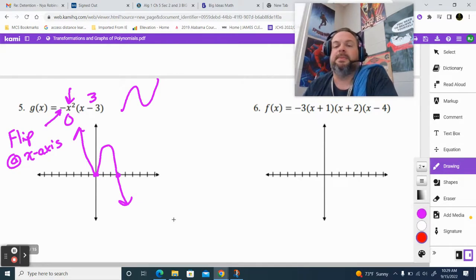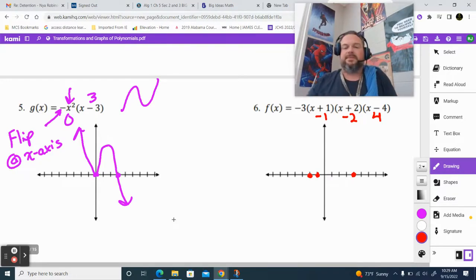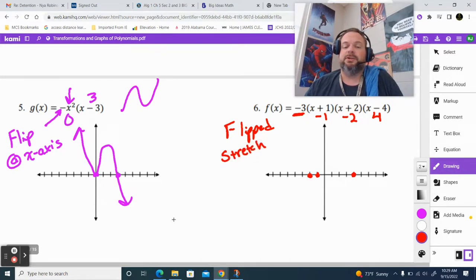Okay. Now, let's look at this one. Our roots are going to be -1, -2, and 4. Okay. So I can do this, 1, 2, 3, and 4. All right. So this, we have a -3 out front. So we have a negative, so we know it's going to be flipped. And then it's going to have a vertical stretch of 3.